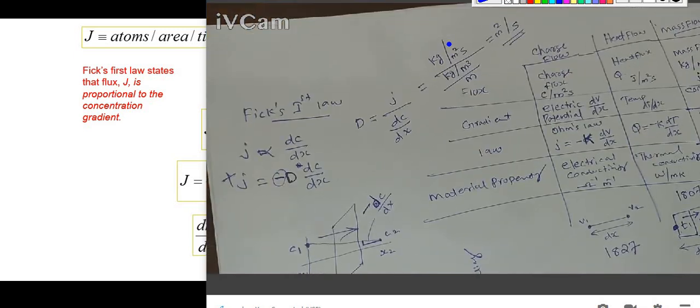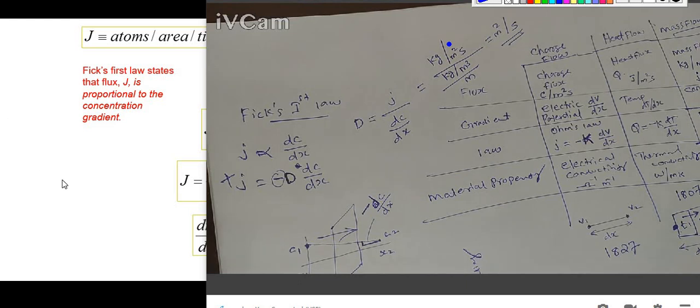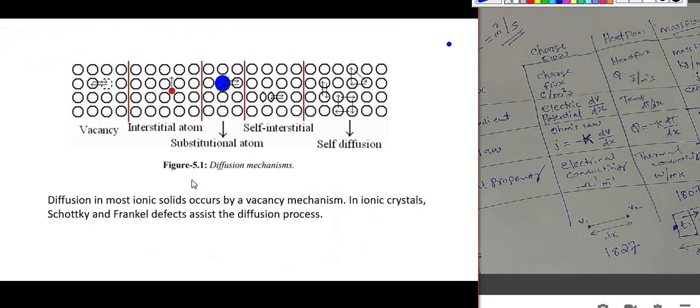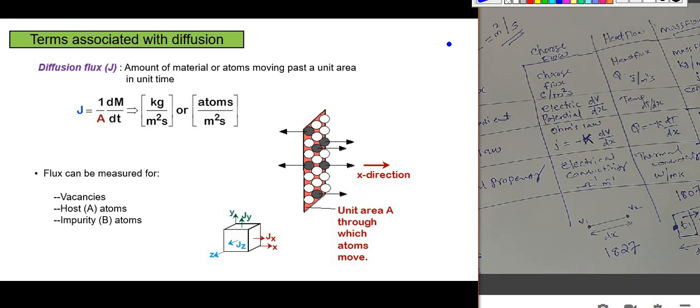So this is Fick's first law, that is the governing law of diffusivity. Here we can say J, we already derived the J value. J is equal to 1 by A into dm by dt, or the number of atoms crossing unit area per unit time.